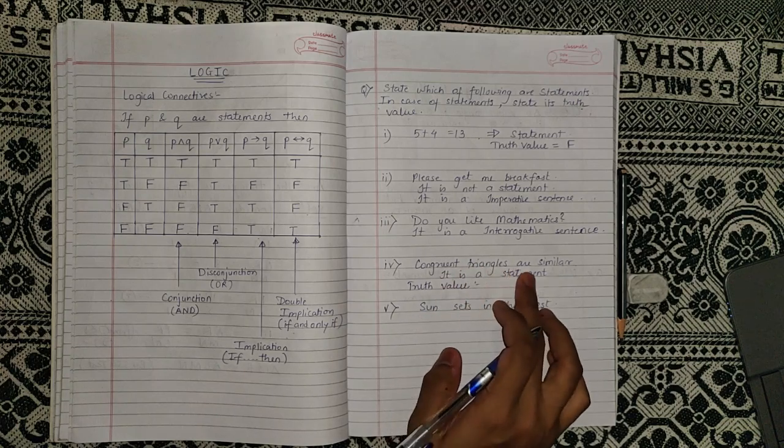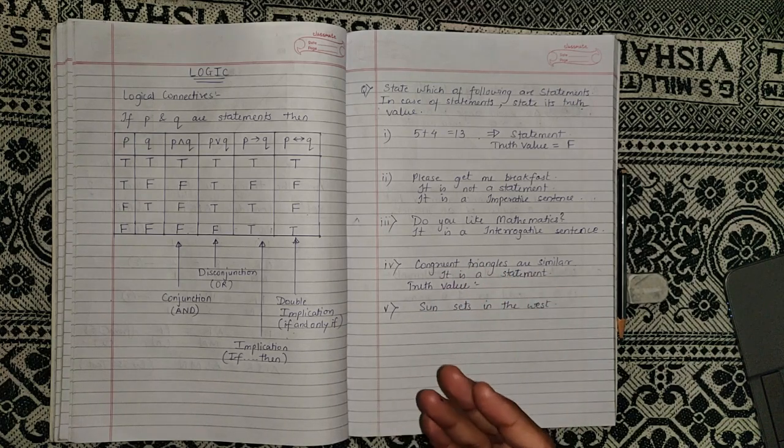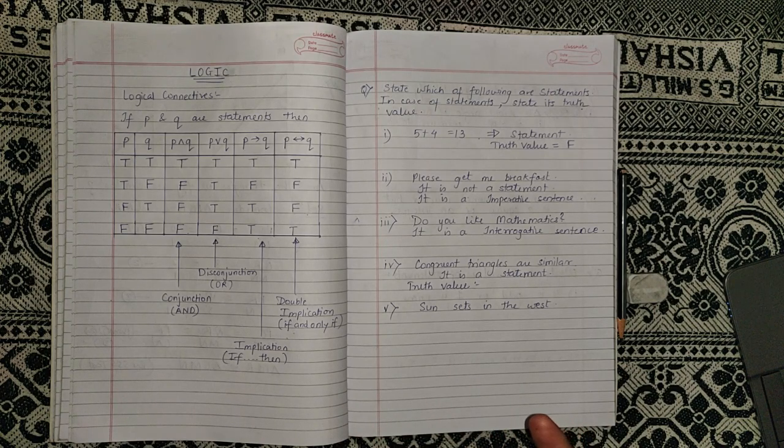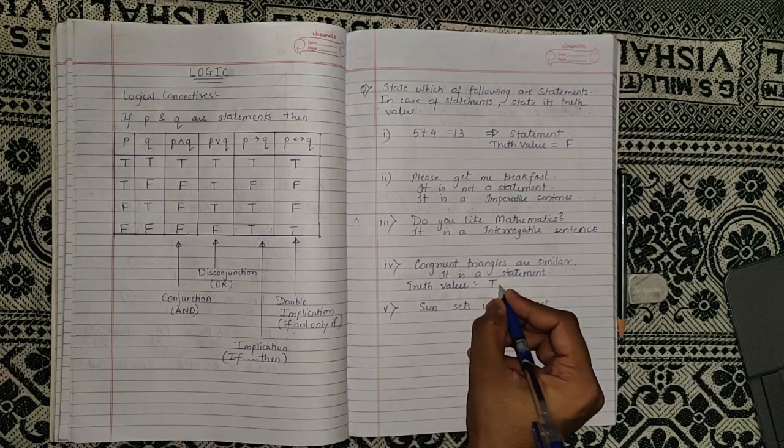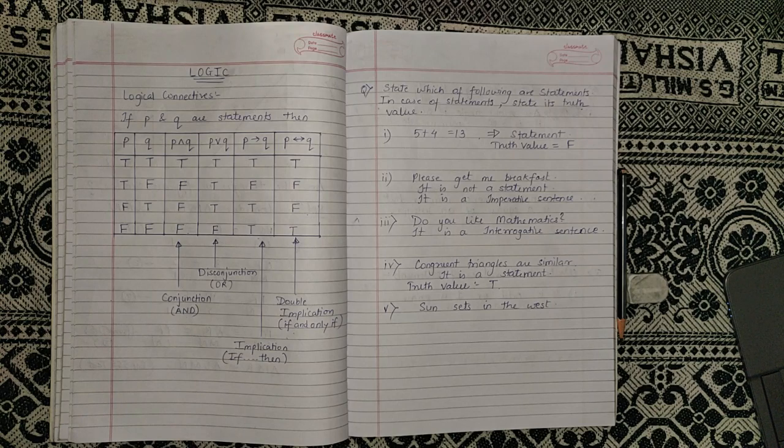As you know, congruent triangles have equal heights, bases, and angles, but they can also be called similar triangles. But similar triangles cannot be called congruent, because in similar triangles not every base and height is equal; they are in proportion. So congruent triangles can be called similar, but similar triangles cannot be called congruent. Therefore the truth value is T, that means it is true.